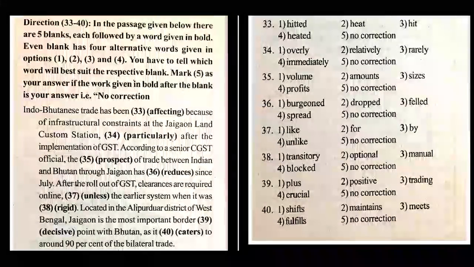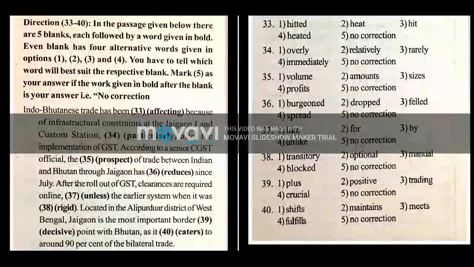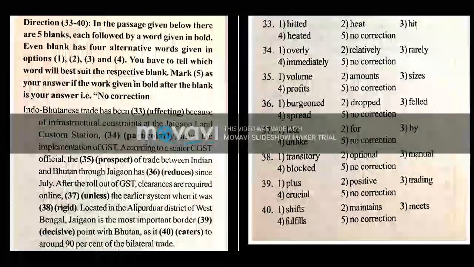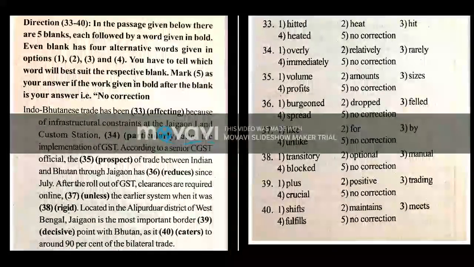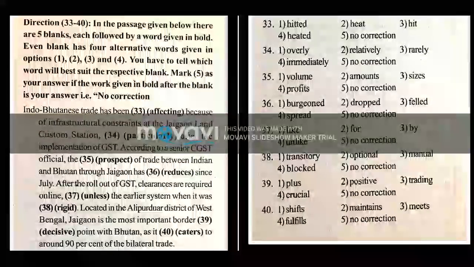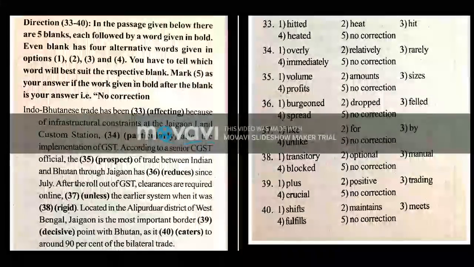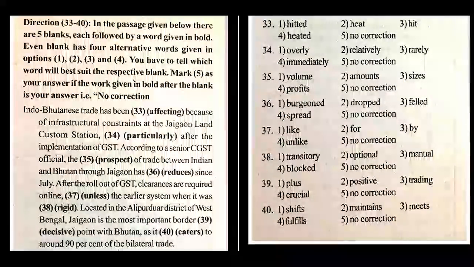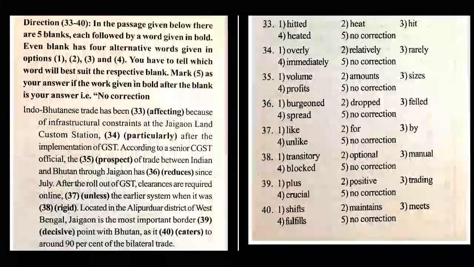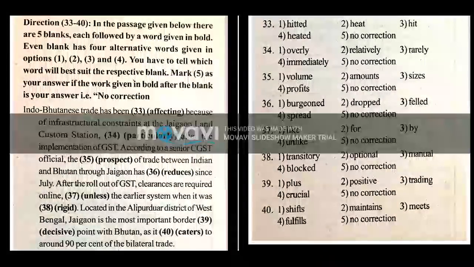The same idea continues, as I said right from the beginning, and the negative idea will continue here. And यह हमको समझ जाना चाहिए कि एक ऐसा वर्ड जिसका मीनिंग होगा कि जुलाई से लेके अब तक जो ट्रेड का वॉल्यूम है उसमें कटौती हो गया है, मतलब कम हो गया है.